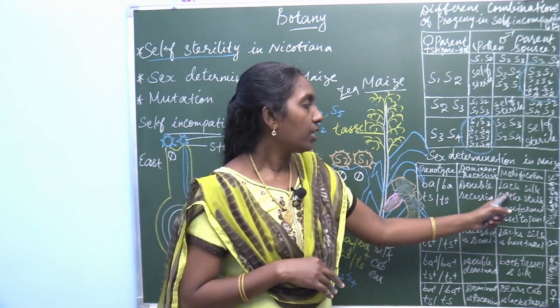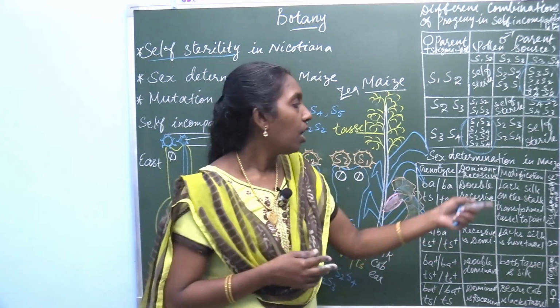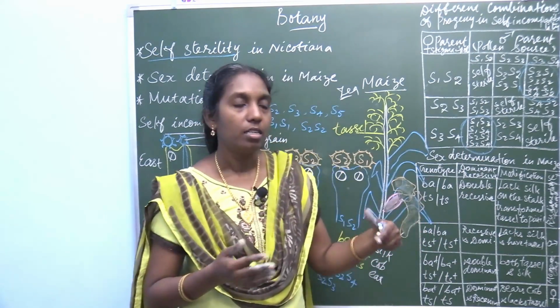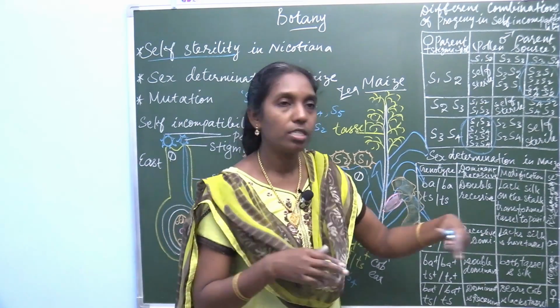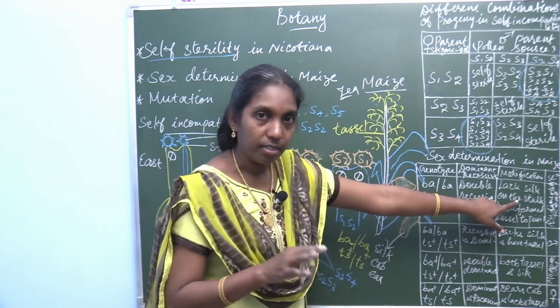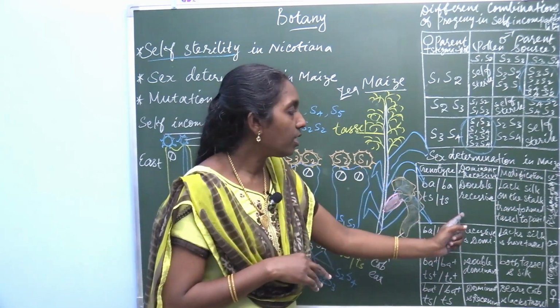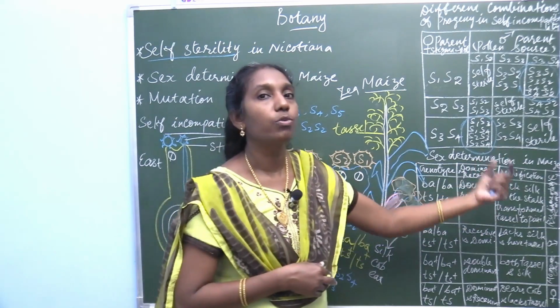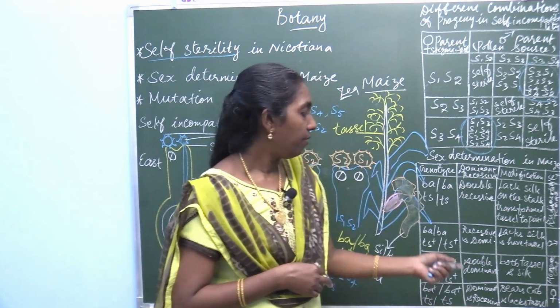What modification occurs? It eliminates silk first and the tassel is transformed to pistil. So it produces a rudimentary female flower.